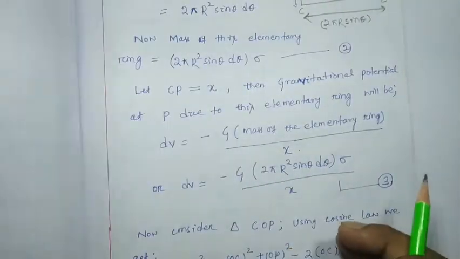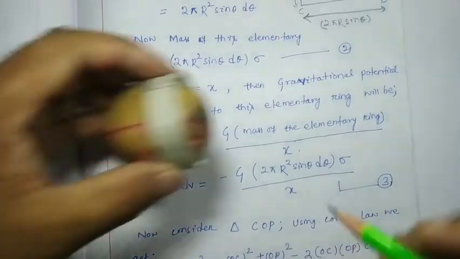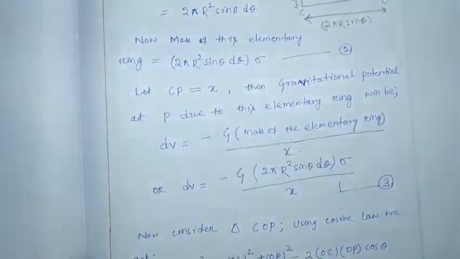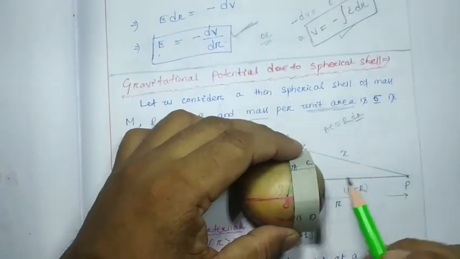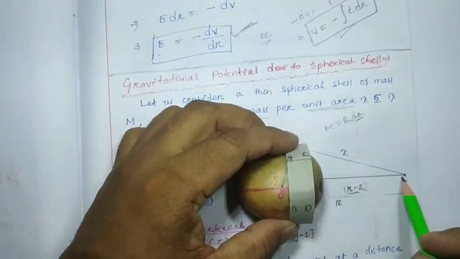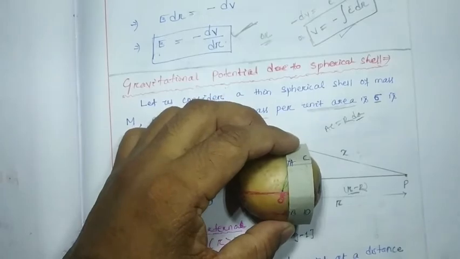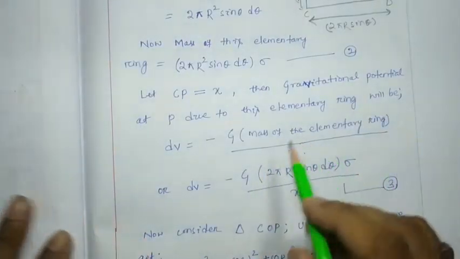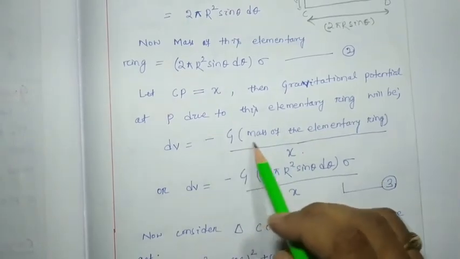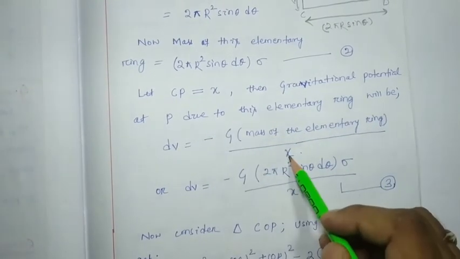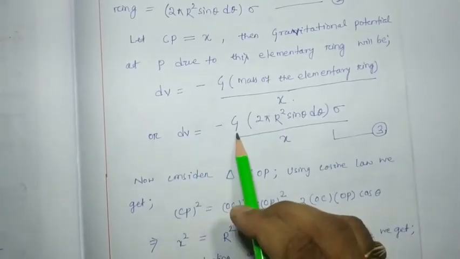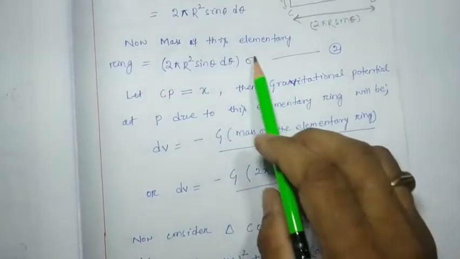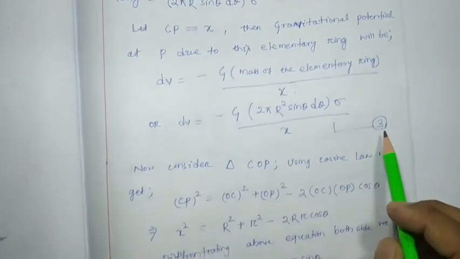So if the distance from the elementary ring is x, then the potential due to that ring will be minus G mass of the elementary ring by x. So minus G into 2 pi r square sin theta d theta into sigma by x. Let it be your equation number 3.